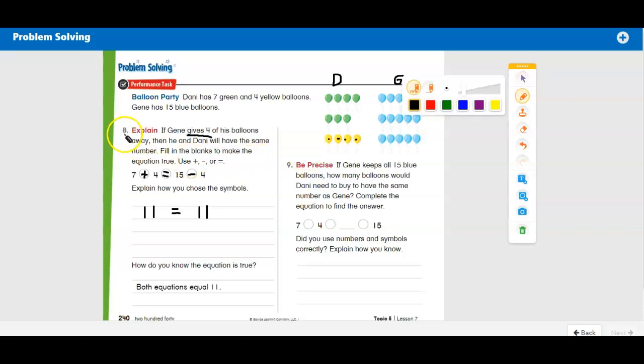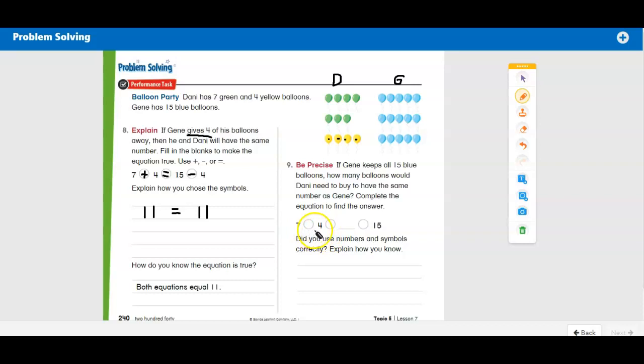So we modeled through number 8 together, so now I want you to try number 9 by yourself. Number 9 says, if Jean keeps all 15 blue balloons, so remember Jean had all of the blue balloons, how many balloons would Danny need to buy to have the same number as Jean? Now remember, Danny had all of the green and yellow balloons. So you need to complete the equation to find the answer.